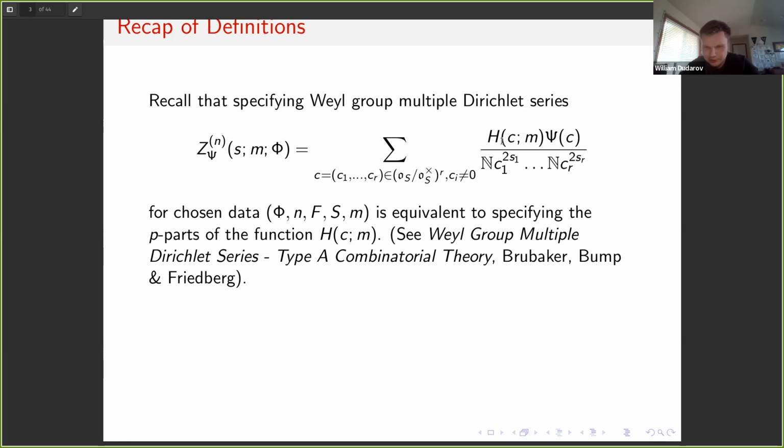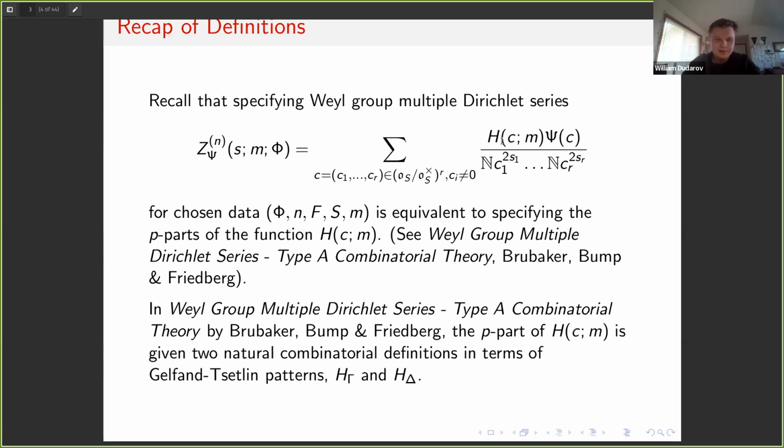For more information about that, see the very first page of the Orange book. The Orange book then gives two natural combinatorial definitions of the p part of H c m in terms of Gelfand-Tsetlin patterns. These two combinatorial definitions they call H gamma and H delta. We'll see what those are a little later.